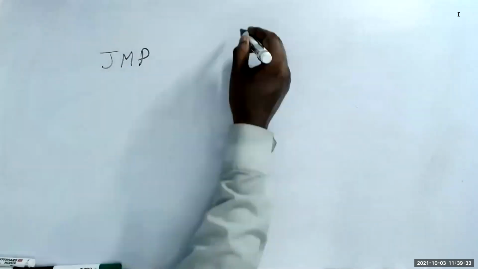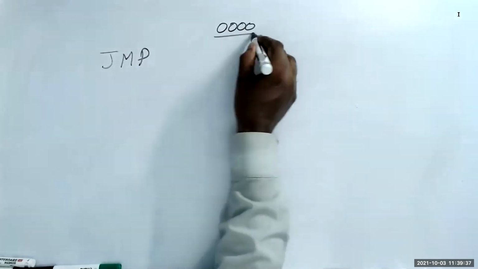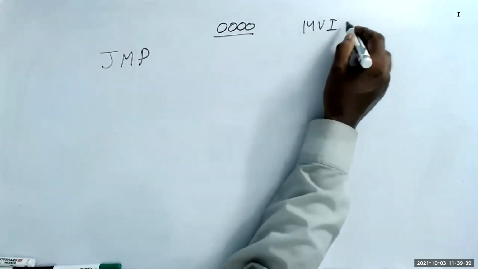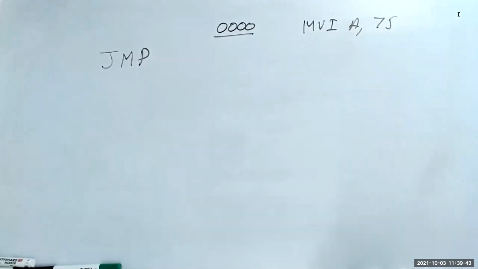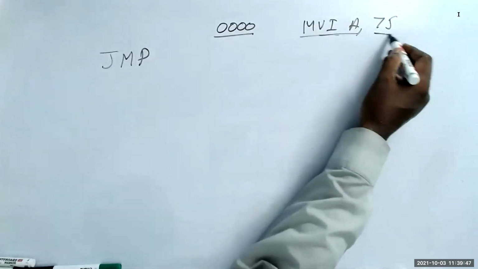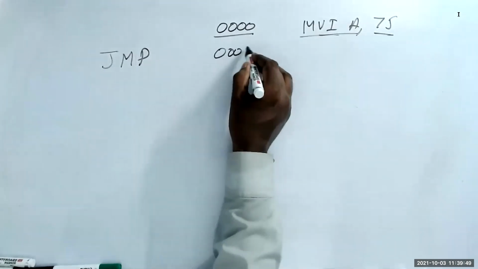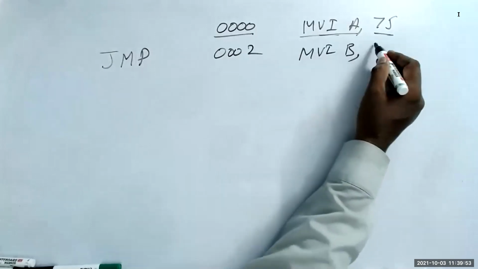Let us say I have an instruction at 0000, the starting address: move immediate A, 75. This takes 2 bytes, so the next is 0002. I say move immediate B, 46.